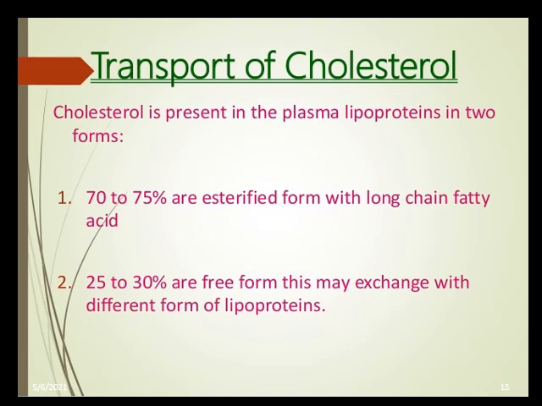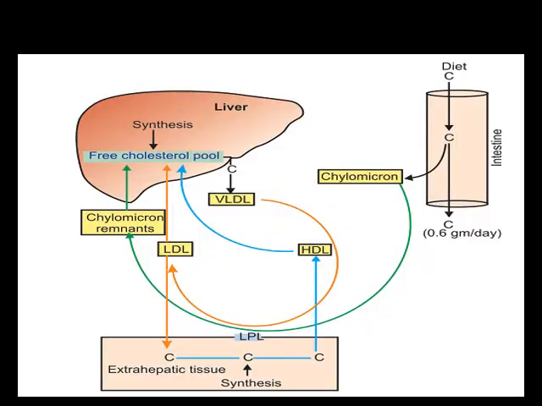Okay, now in detail regarding the transport of cholesterol, which is explained in this figure, you can see cholesterol is transported in body fluids in the form of lipoprotein particles. Here you can see cholesterol esters that are resynthesized in the mucosal cells.